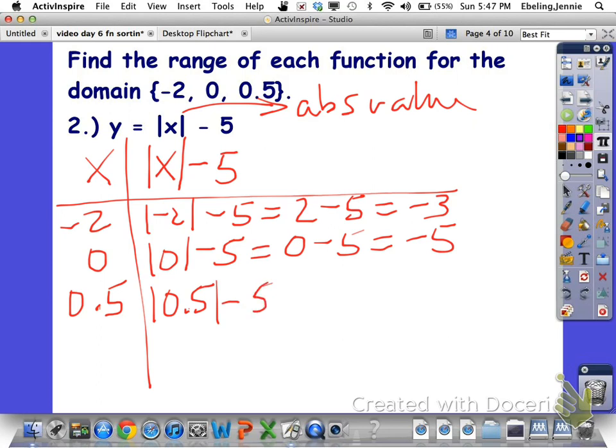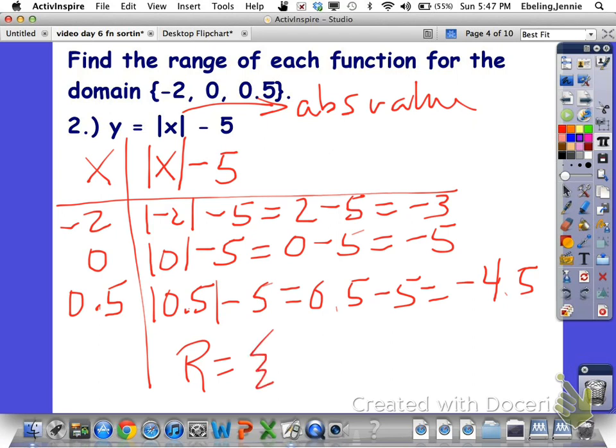The absolute value of 0.5 is 0.5, minus 5 gives me a -4.5. So my range for this one would be -3, -5, -4.5. And when I write my range, I would like to put that in numerical order. Let me just take that out and put the -5, the -4.5 and the -3.